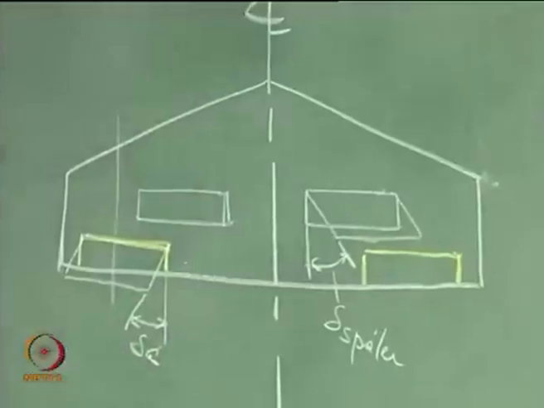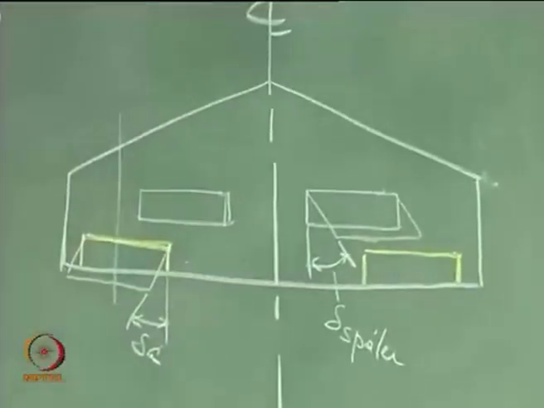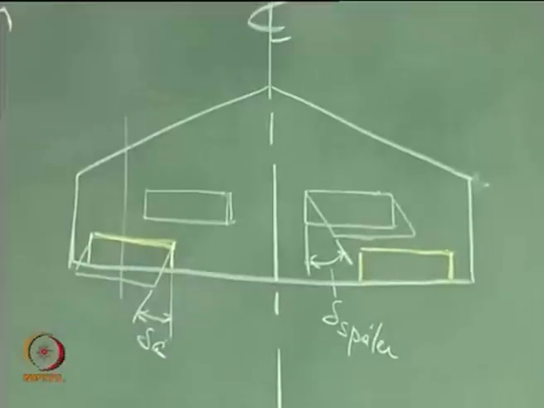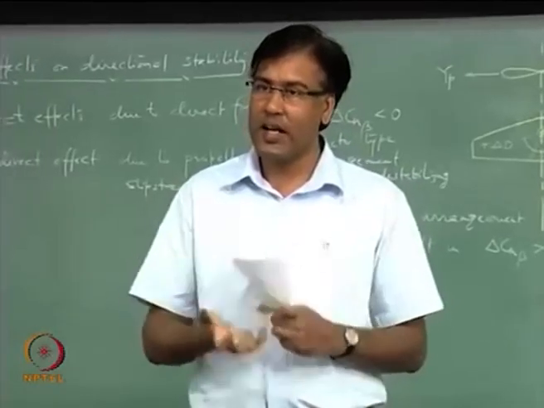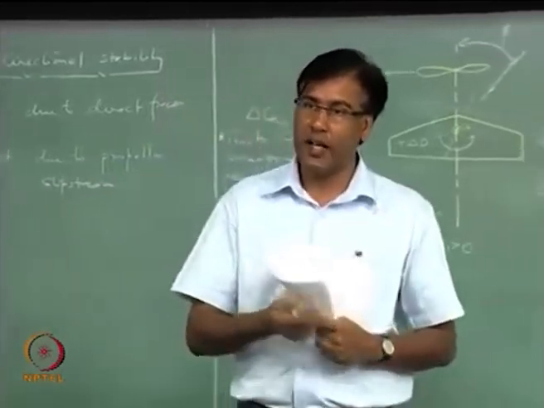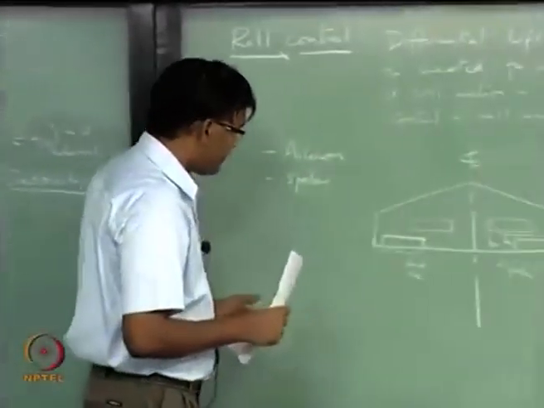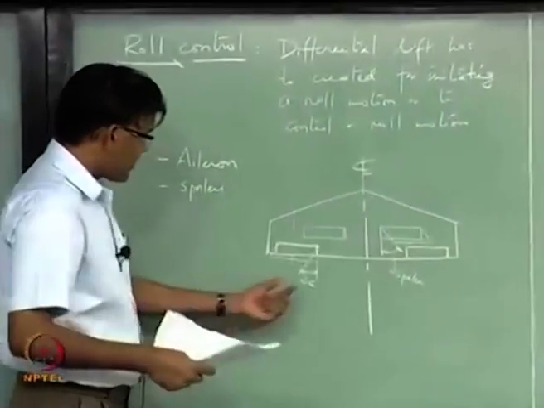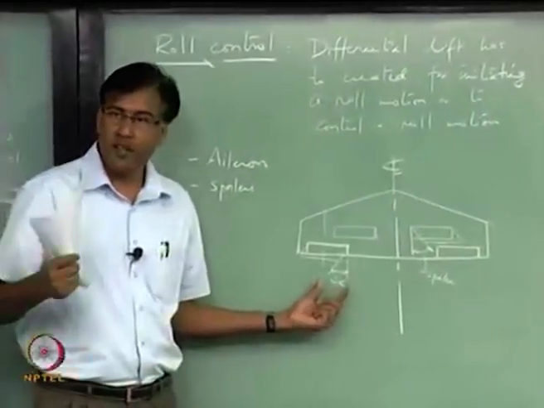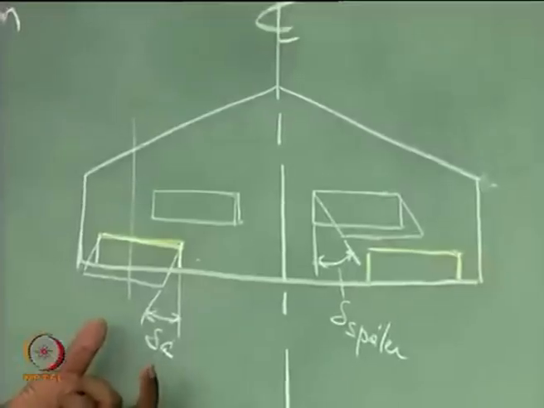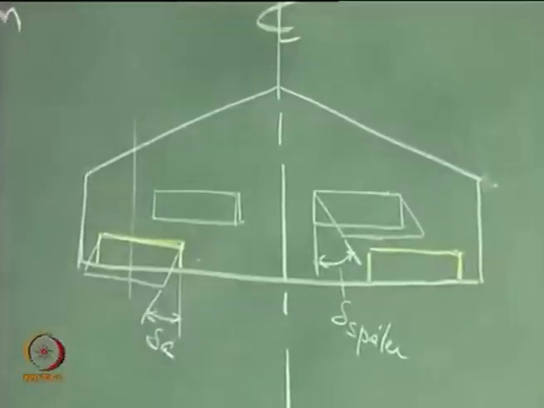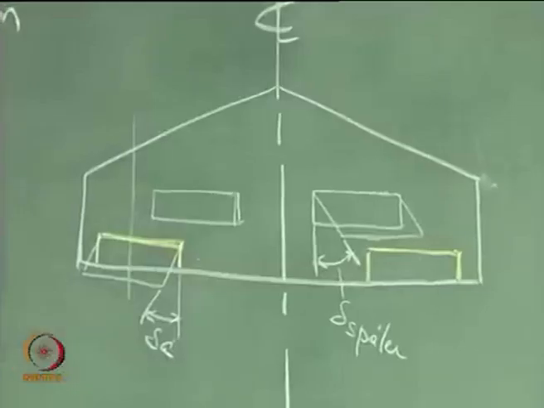Now, the convention is, like what we have been seeing for Cn delta or Cm delta E, the control power is having a negative sign, right. Cm delta is negative and Cn delta is also negative. So, a positive aileron deflection should give me a negative rolling moment, right.